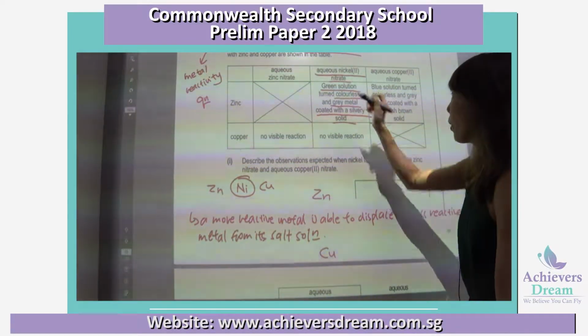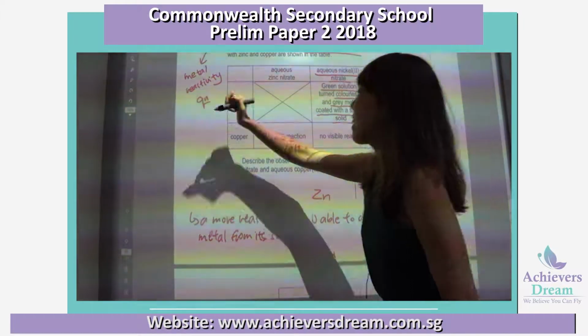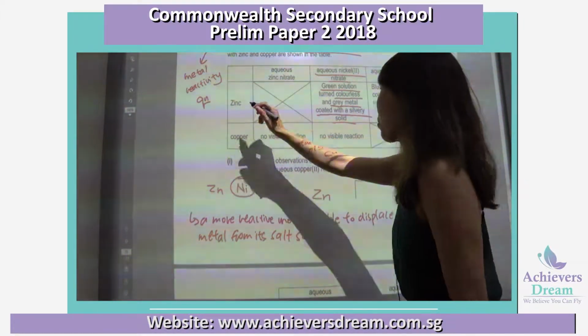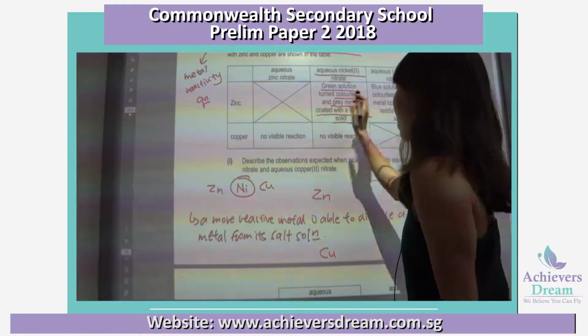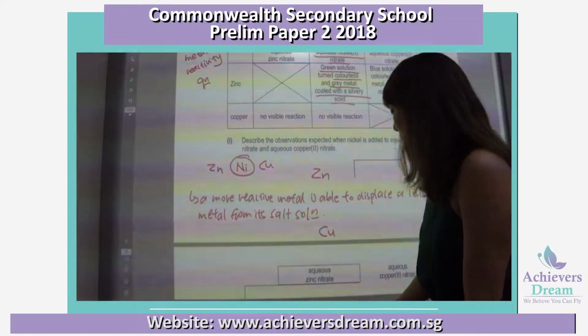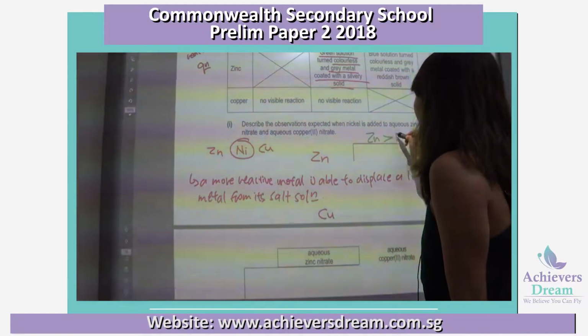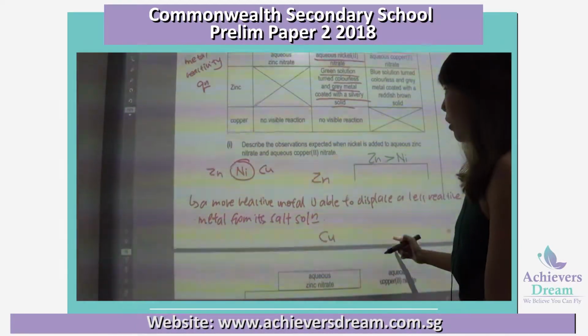Correct? So now, when zinc is added to aqueous nickel 2 nitrate, the green solution turns colorless. There is a change. So what does this indicate? It indicates that zinc is more reactive than nickel, correct?